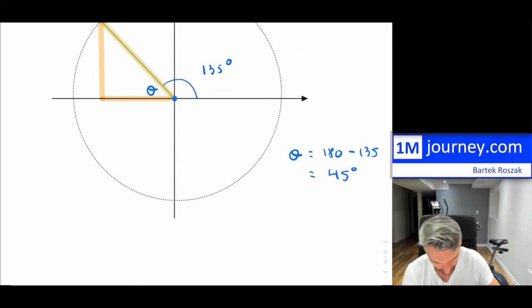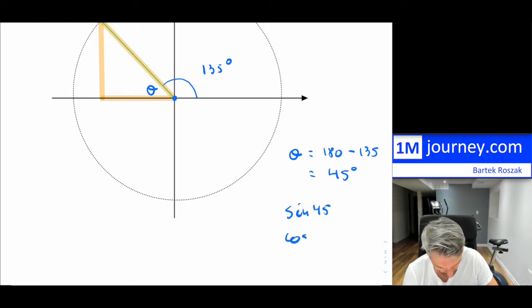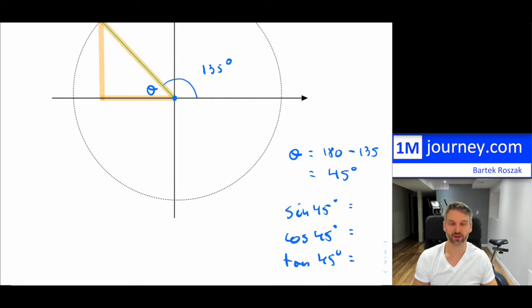In fact, I know exactly what sine of 45 is. I know exactly what cosine of 45 is. And I know exactly what the tangent of 45 degrees is. So I can find those. Those ones are the ones that come up quite often. And I did a video on those when the angles are 30, 45, and 60. I'll put up a link up above there.